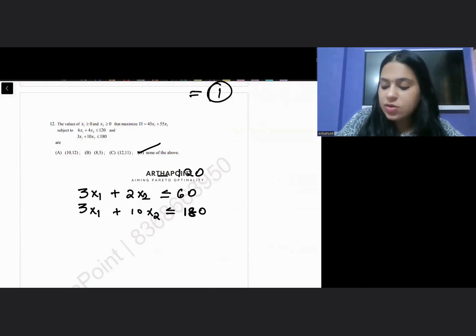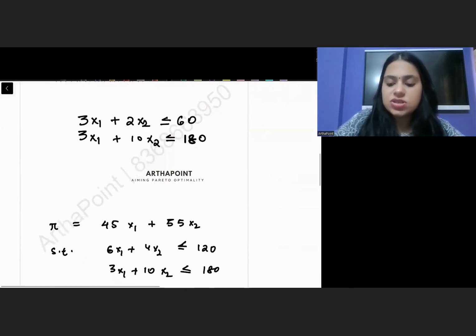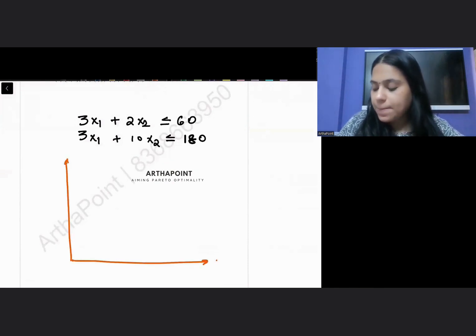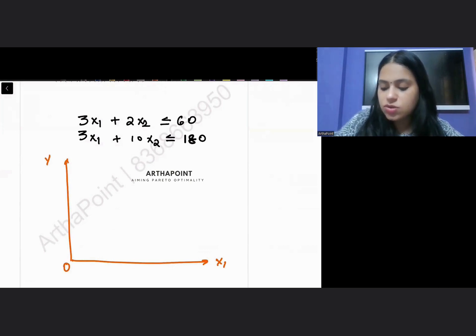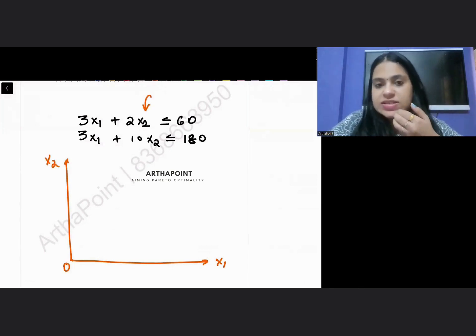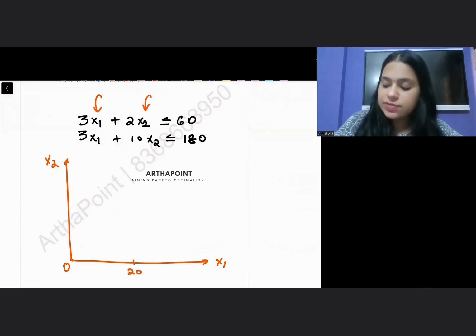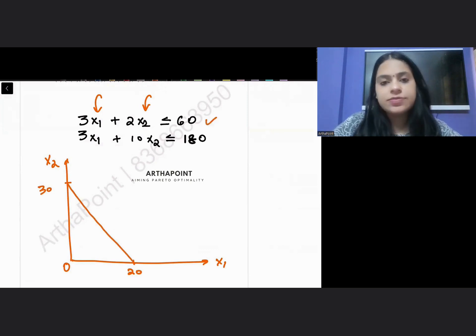So now what we can do is plot these two equations. When I look into the first one, I have taken x1 here and x2 here. If I put x2 as 0, x1 will be 20. And when I put x1 as 0, x2 will be 30. So this is going to be my first graph.